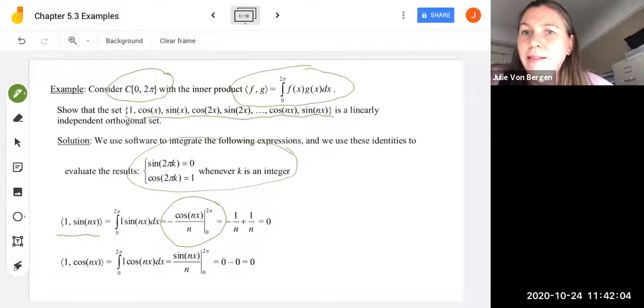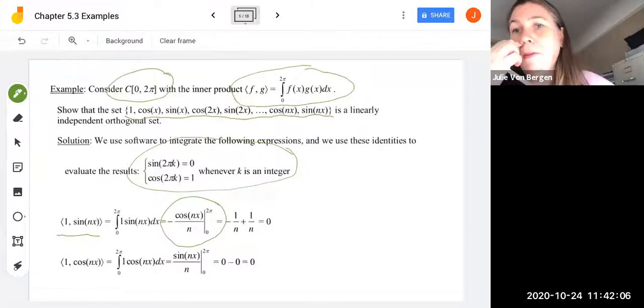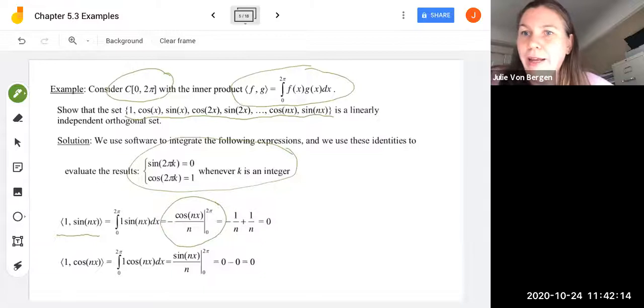And then this is from 0 to 2 pi. So using the fact that cosine of 2 pi n is going to be 1, we get negative 1 over n plus 1 over n. We get the plus because we're subtracting a negative, and so those cancel each other out. So that's going to be a 0.